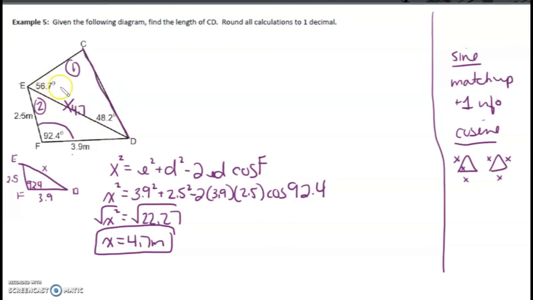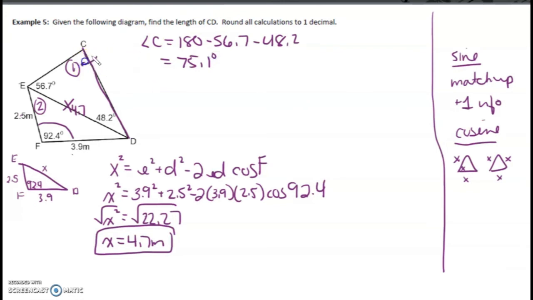Now, let's take a look again at CDE. We don't have a matchup and we can't use cosine, but we do have two angles. So let's find angle C: 180 minus 56.7 minus 48.2, which is 75.1 degrees.